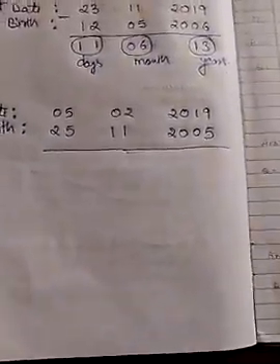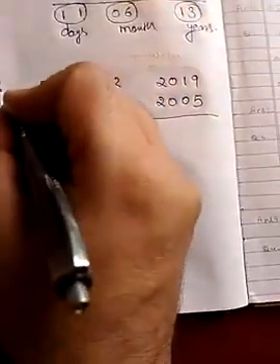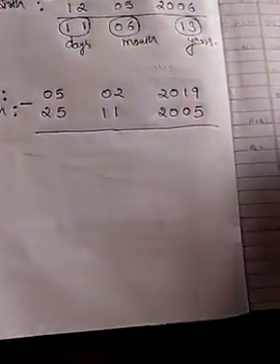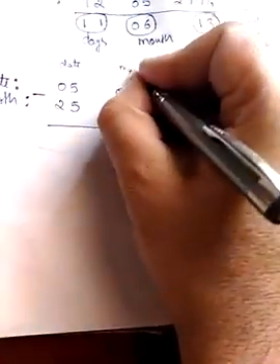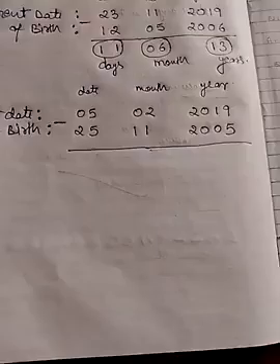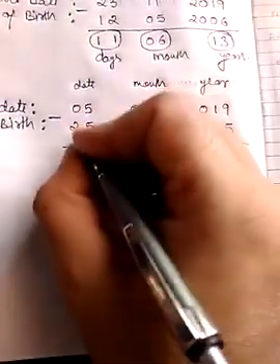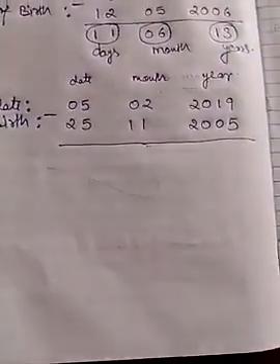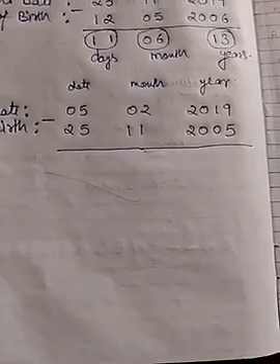Now the logic is same. You need to subtract the birth date from current date. Here it is date, it is month, it is year.